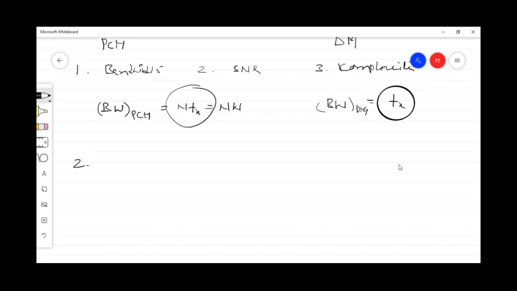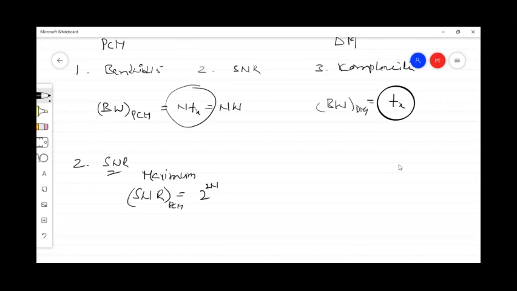The second one, SNR. Regarding SNR, what do you say? We are talking here about maximum SNR. So the maximum SNR in case of PCM is equal to 2 power 2n.